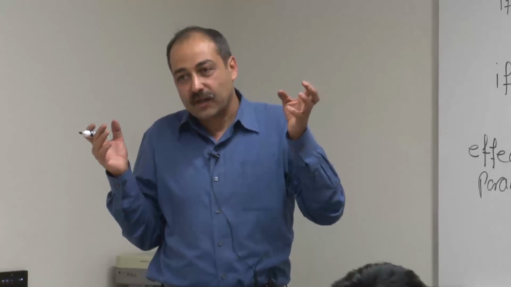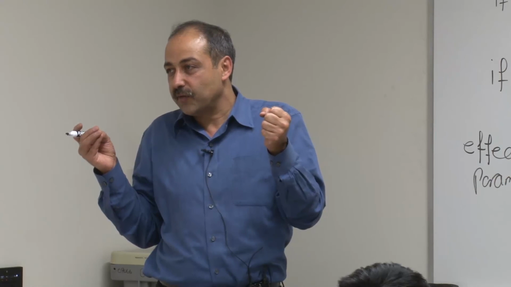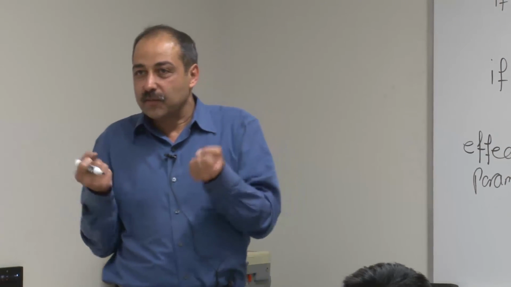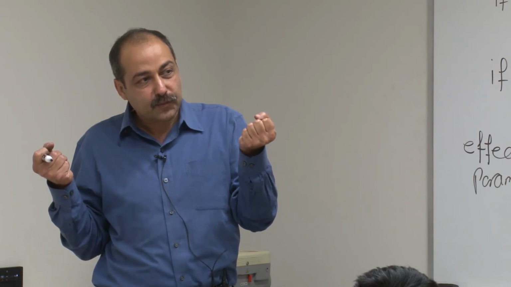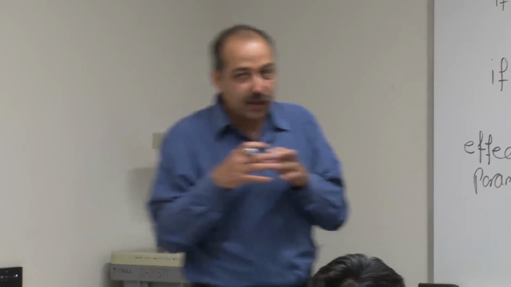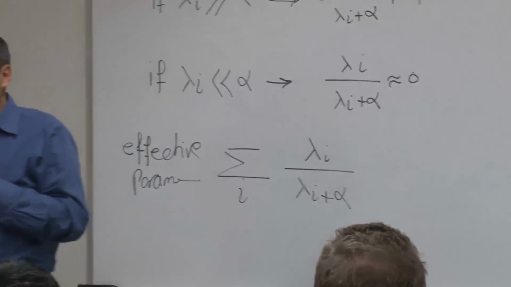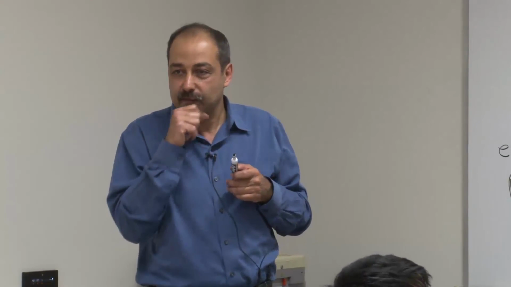So that's why weight decay helps to avoid overfitting, because it reduced the number of parameters that I have. It reduced the complexity of the model. The larger the alpha is, the smaller these effective parameters are going to be. It shrinks them more.